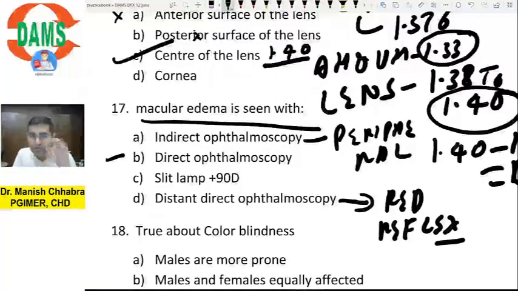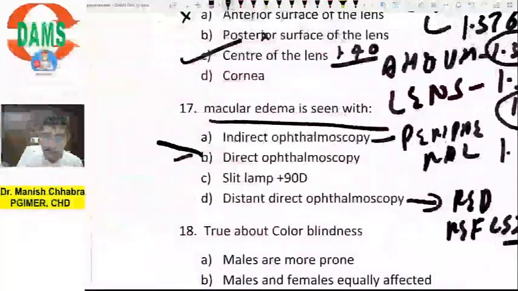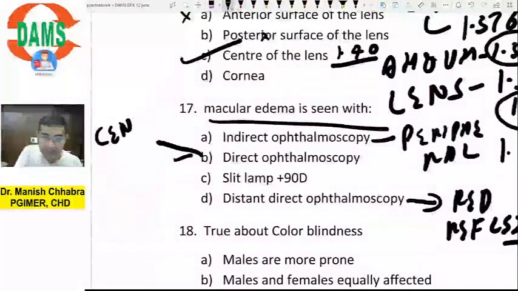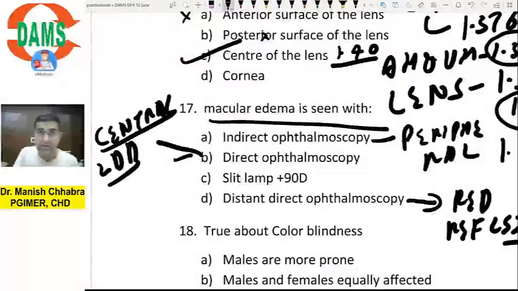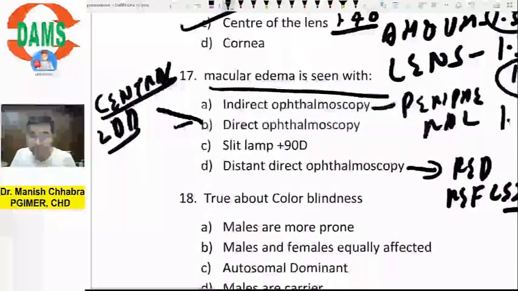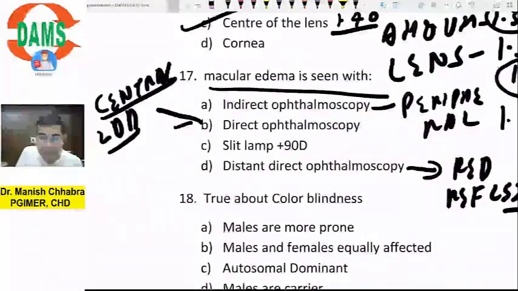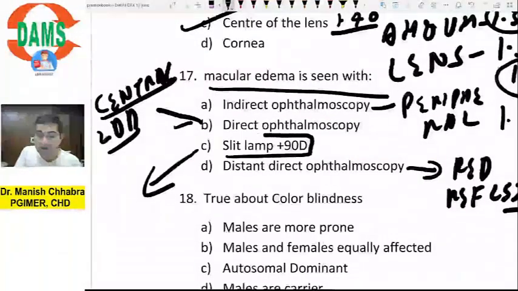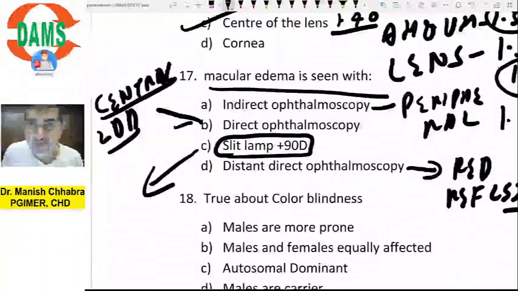But macular edema can be seen with direct ophthalmoscopy. Direct ophthalmoscopy is mostly central, so it assesses the central 2 disc diameter of the area. It can also be seen with slit lamp with 90D lens, which is used for fundus examination.